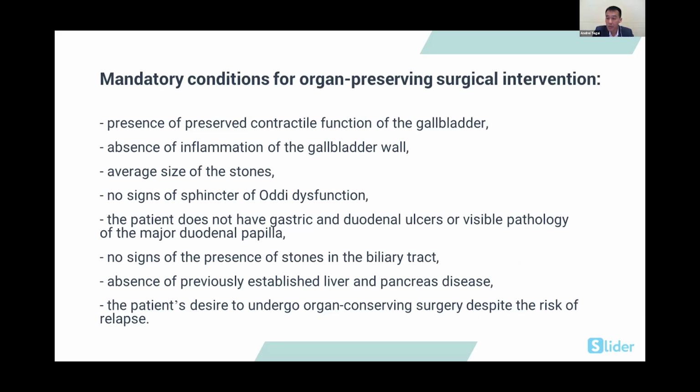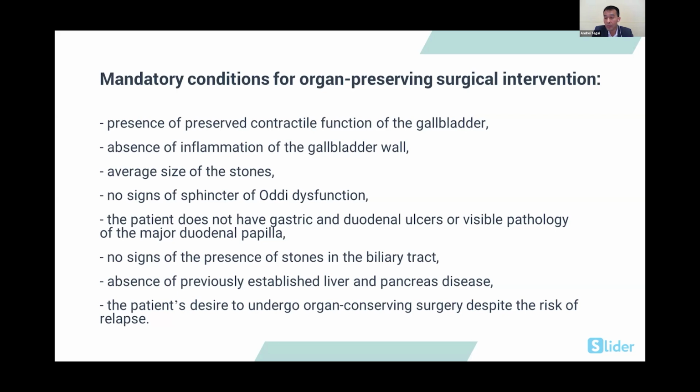The average age was 41.7 years. In patients undergoing surgical intervention, ultrasound examination revealed from 1 to 3 stones with a diameter of 8 to 20 millimeters. The average stone diameter was 13.9 millimeters.